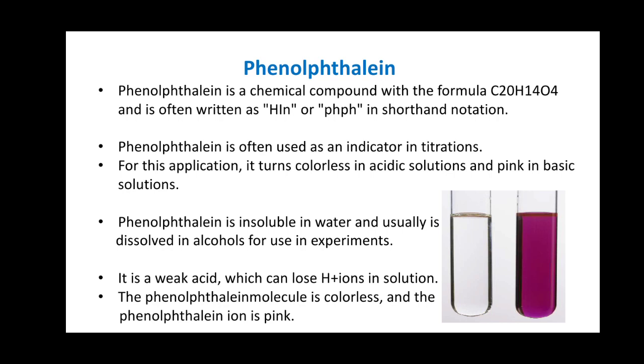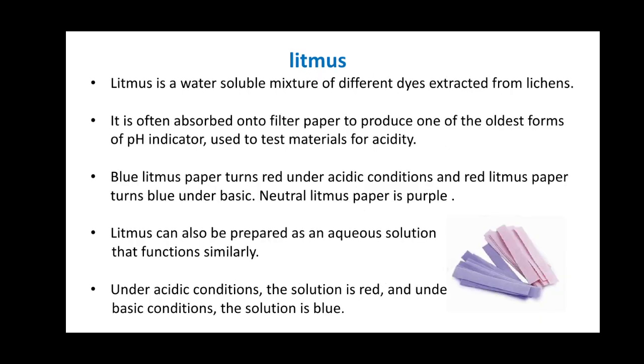The phenolphthalein molecule is colorless and the phenolphthalein ion is pink. So as it's a weak acid, when added to the strong base, it loses its hydrogen ions, forms a negative ion and becomes pink in color.